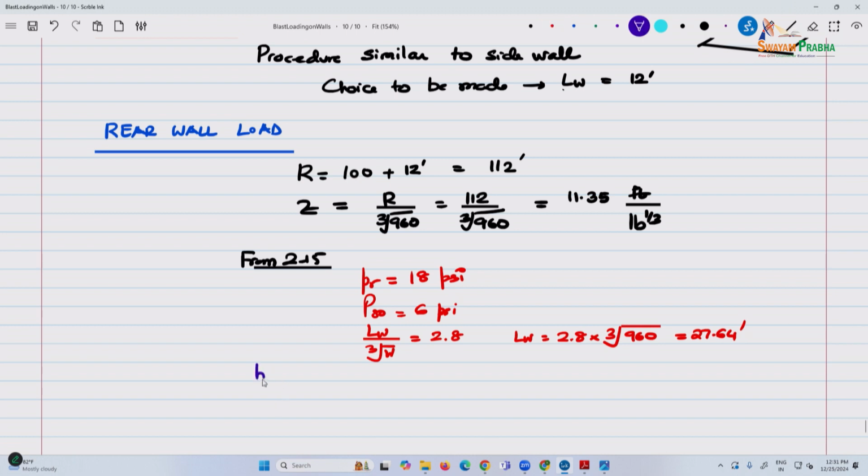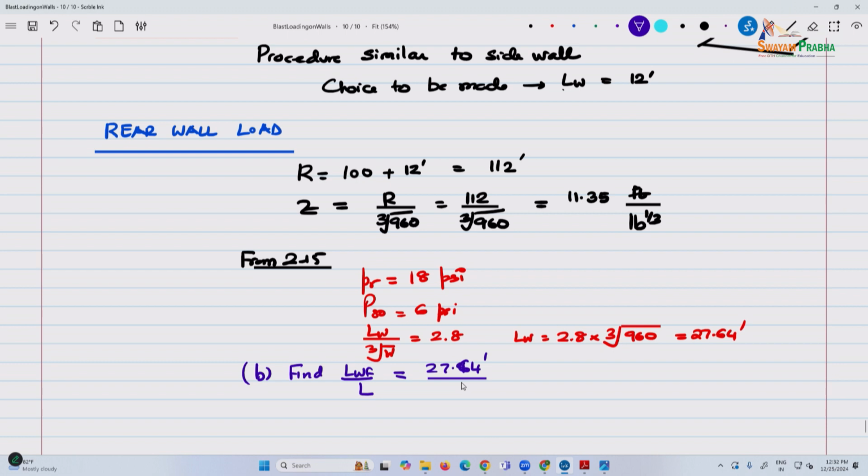Then we find the LW by L. So, again, hold that number please, 27.64 divided by the length.